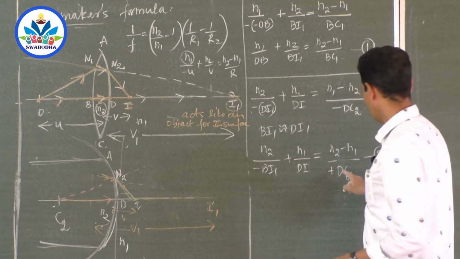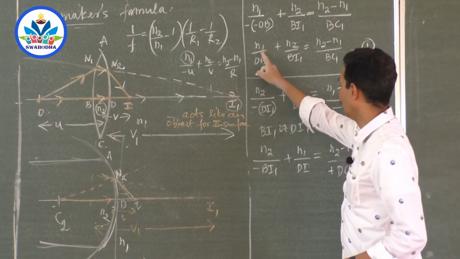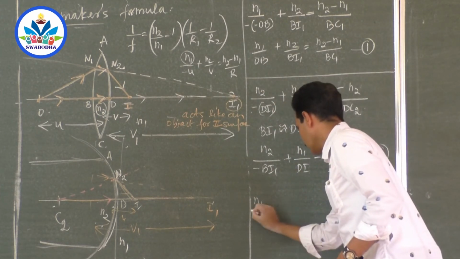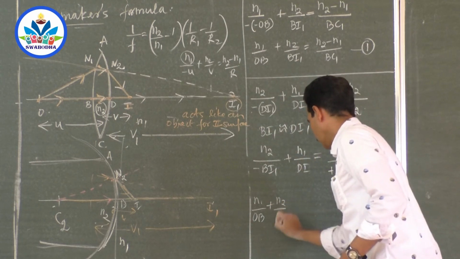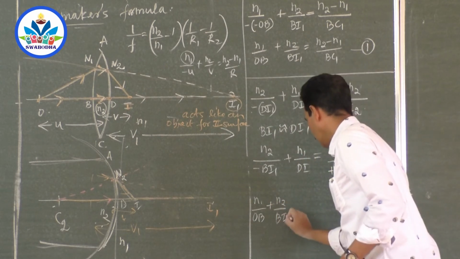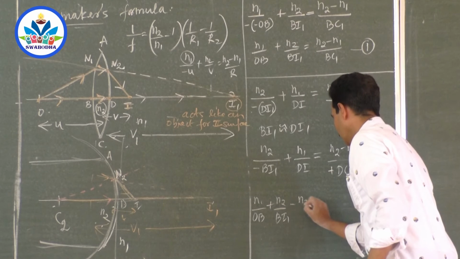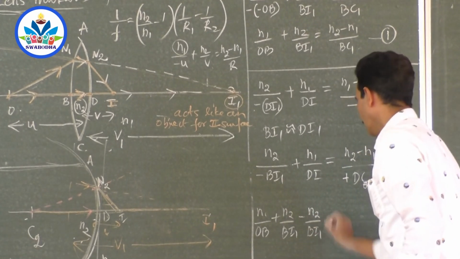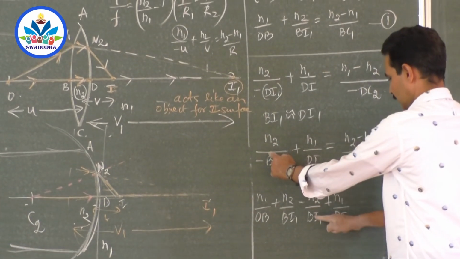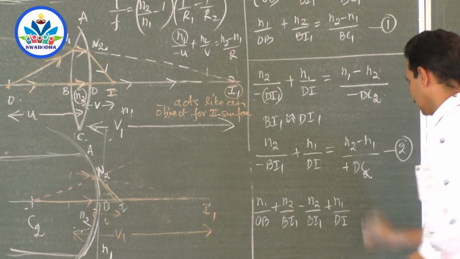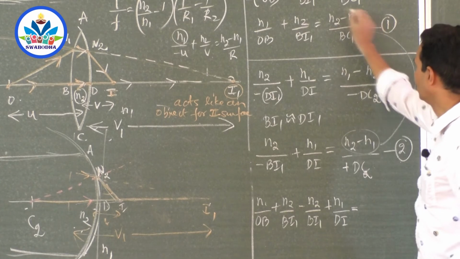Because on the left hand sides, here you have N2 minus N1 common. What will you add here? N1 by OB, I'll write it here first, N1 by OB and plus N2 by BI1. Left hand side of this one, minus N2 by bi1 plus N1 by di is equal to, so when I add these two, shall I take N2 minus N1 common?